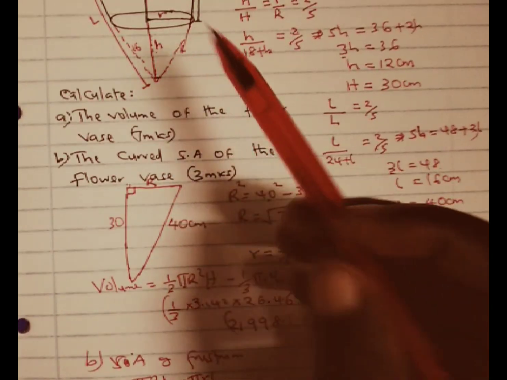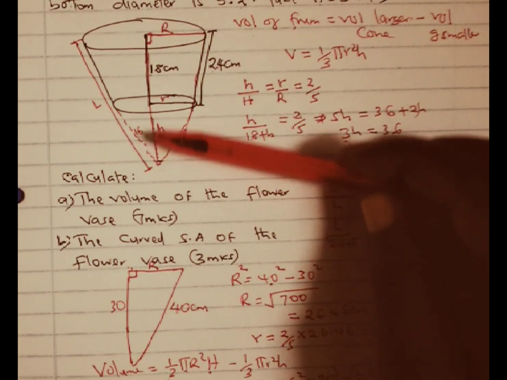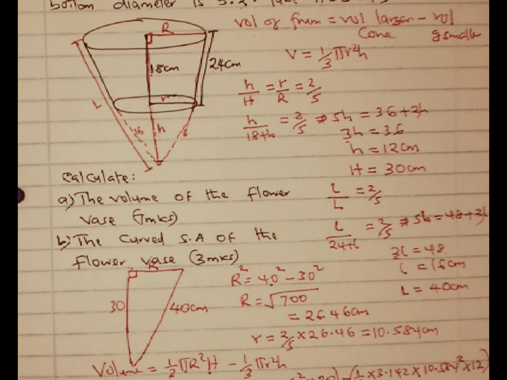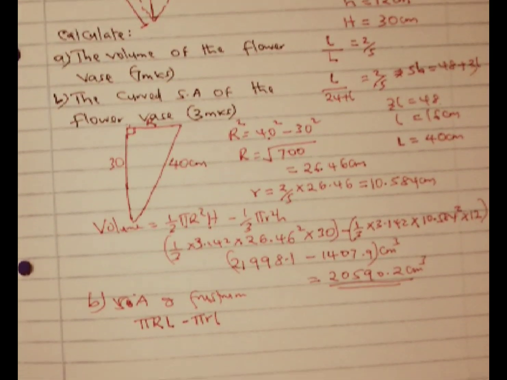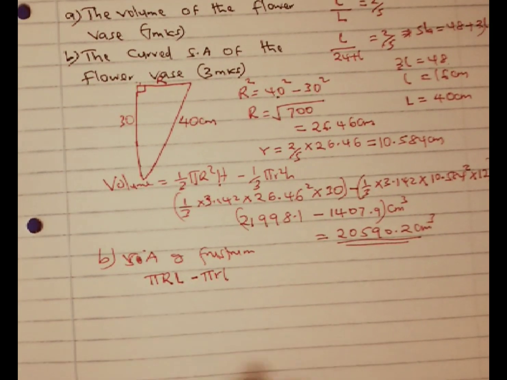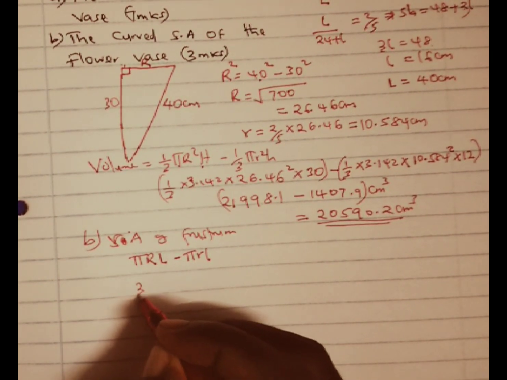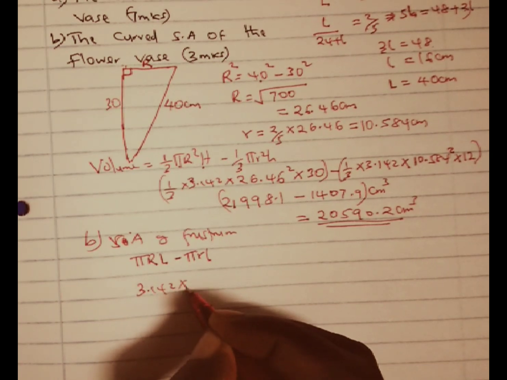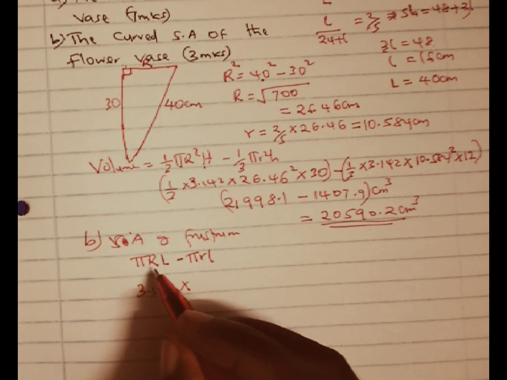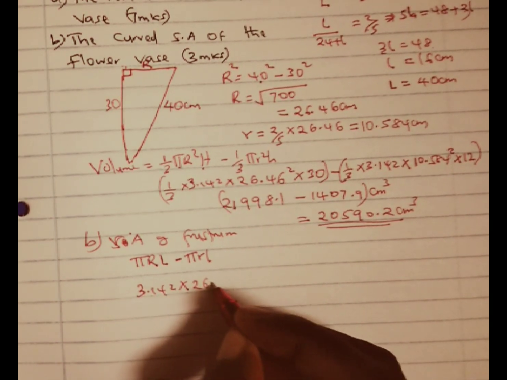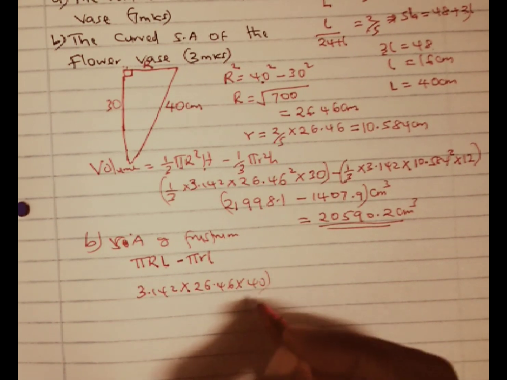So the difference between the original cone and the smaller cone here will give us that of the frustrum. In this case now, we have been given our pi. Our pi is 3.142. We multiply by the bigger radius, which is 26.46, multiply by the slant length, which is 40.